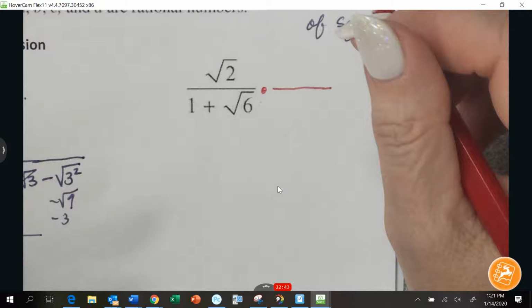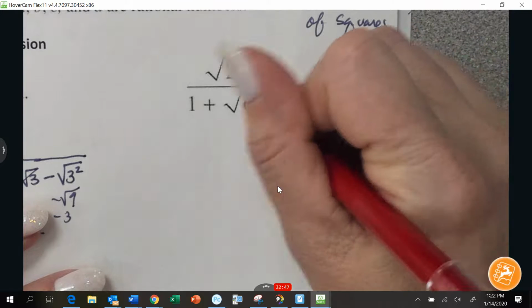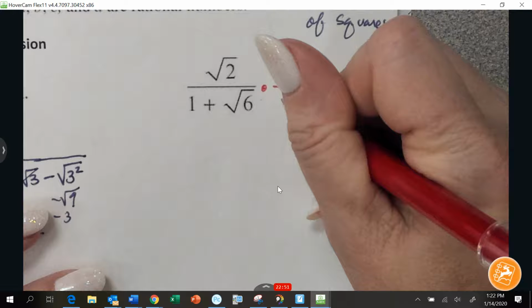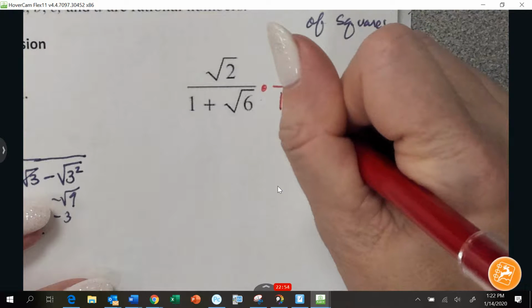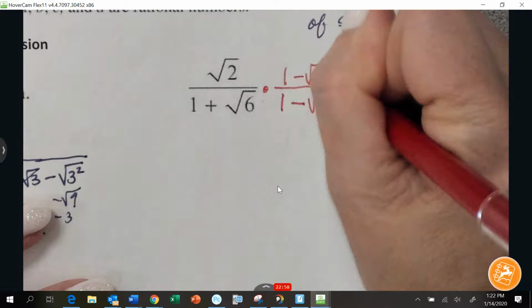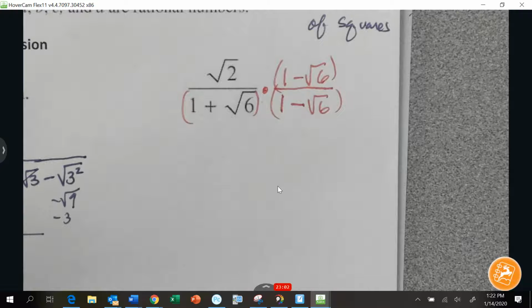In the den, we have to put on a disguise of a 1. We're currently not a 1. We're going to look like the conjugate of the denominator, which is 1 minus square root of 6. We're going to do that on top and bottom. And I'll put them in some parentheses before I start multiplying.